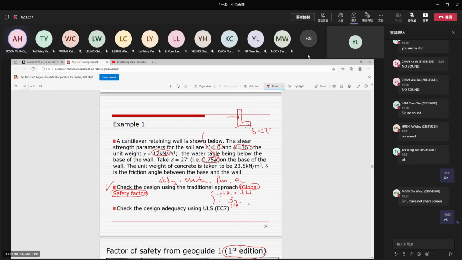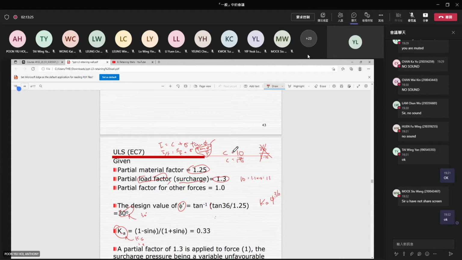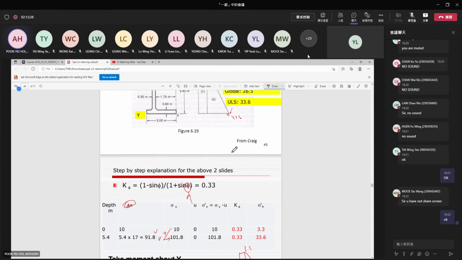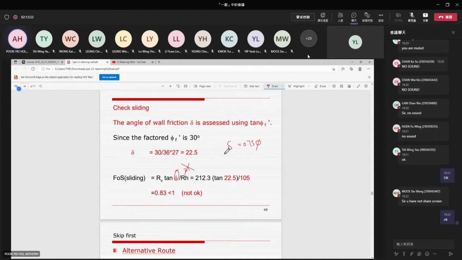And because the friction angle has been adjusted to be 30, the friction angle will be adjusted again. It changed from 36 to 30, so we adjust it proportionally. That's why the friction angle of the soil then becomes 22.5.